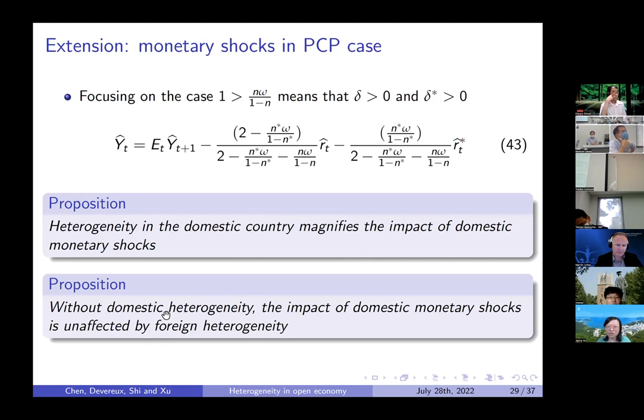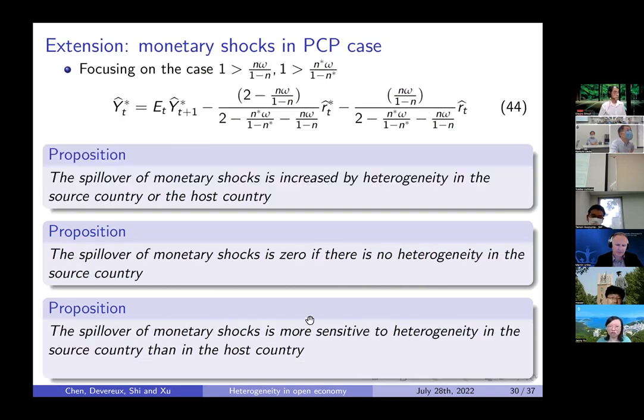Also, without domestic heterogeneity, the impact of domestic monetary policy shocks is unaffected by the foreign heterogeneity. About spillover, it is going to increase the spillover of monetary policy shocks through the heterogeneity in the source country or the host country. So if N or N star increases, the spillover effect will be larger.